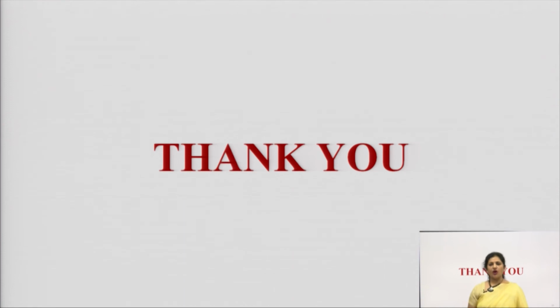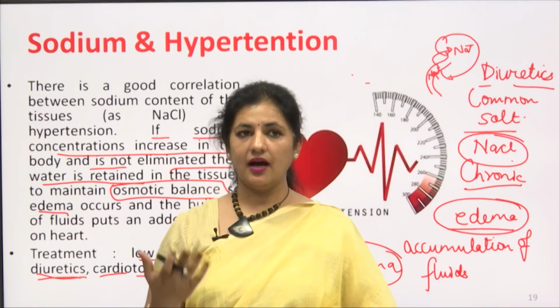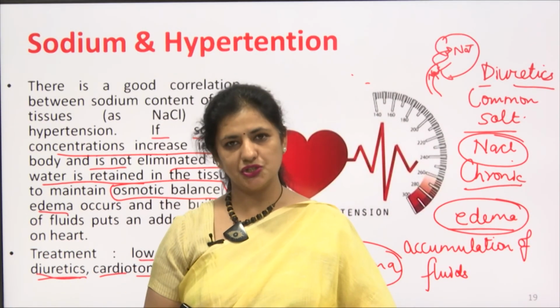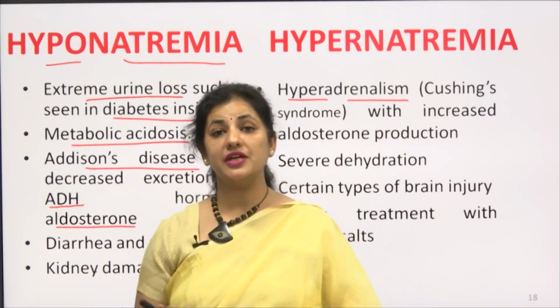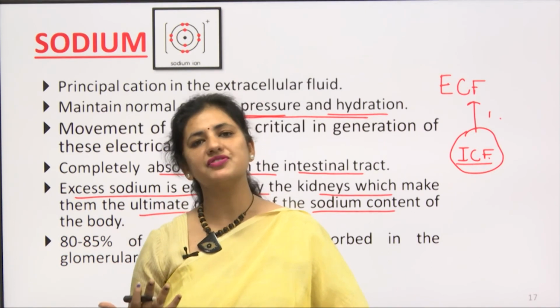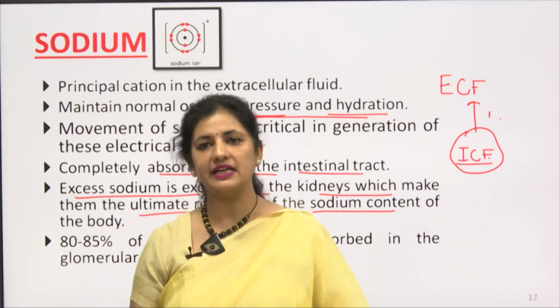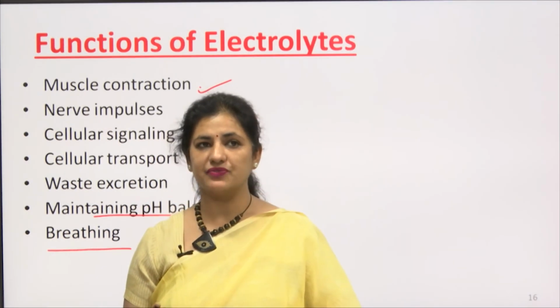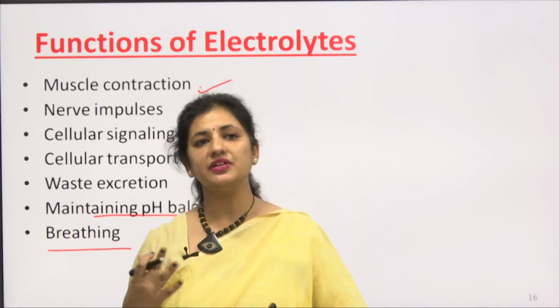So, this is all about, students, this is all we did. I hope you are going to take up the lecture that we had on the sodium ion, how it leads to hypertension, then how the situation leads to hyponatremia, then what are the different physiological functions of the sodium ion, and we need to maintain the balance of the same, and what are the functions of the electrolyte.